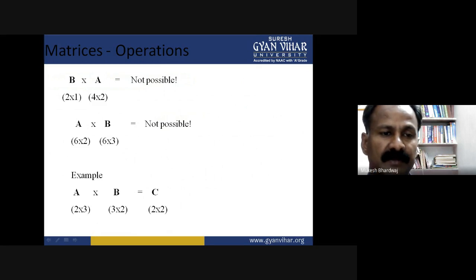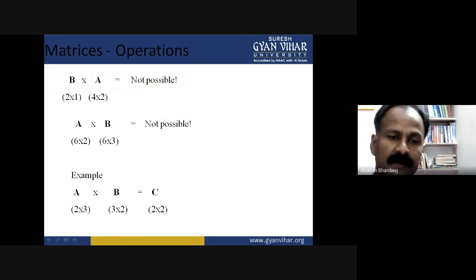And the third example, if A is of size 2 by 3 and B is of size 3 by 2, A is having 3 columns and B is having 3 rows. So their multiplication can be done and the resultant matrix comes out to be of order 2 by 2. In this way, first we need to check whether the multiplication can be possible or not.